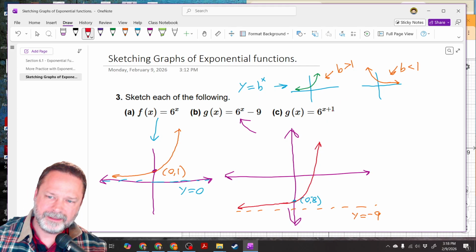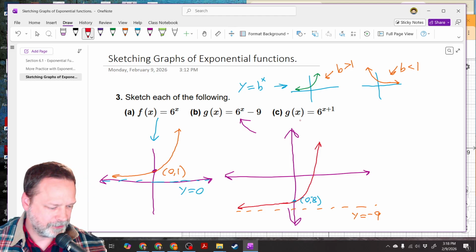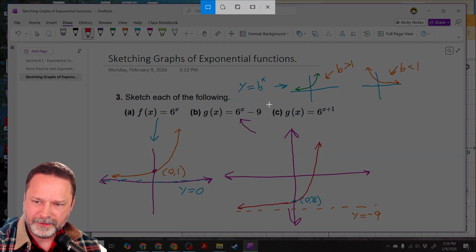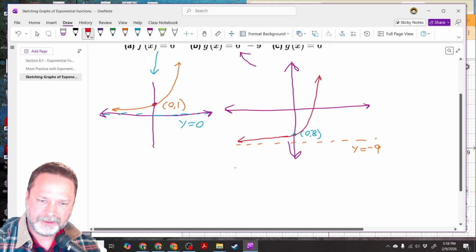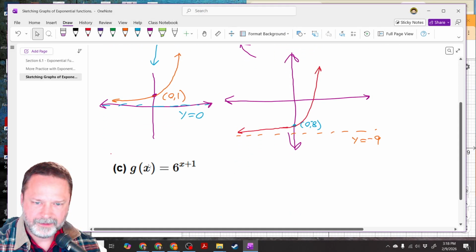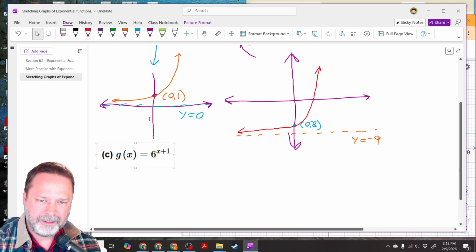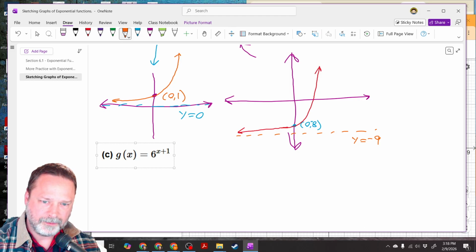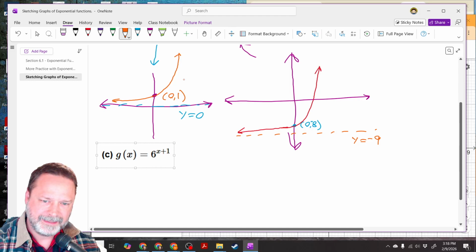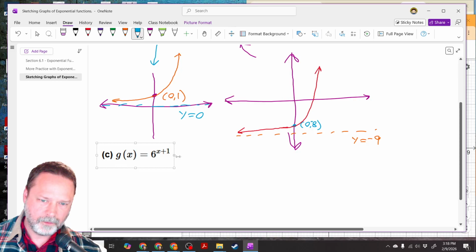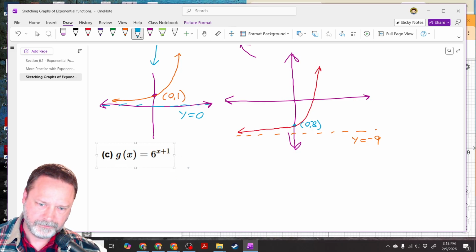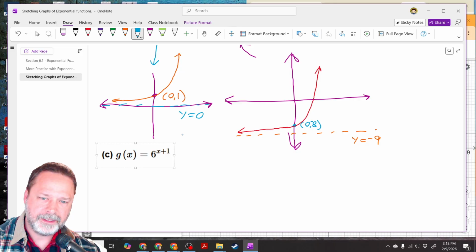Now this one is a little bit more complicated, a little trickier. I think what I'll do is take a little screenshot of that. Okay, and it's going to be, again, a lot like the one we started with, 6 to the x. But what's the difference on that one? Well, what is 6 to the x plus 1?